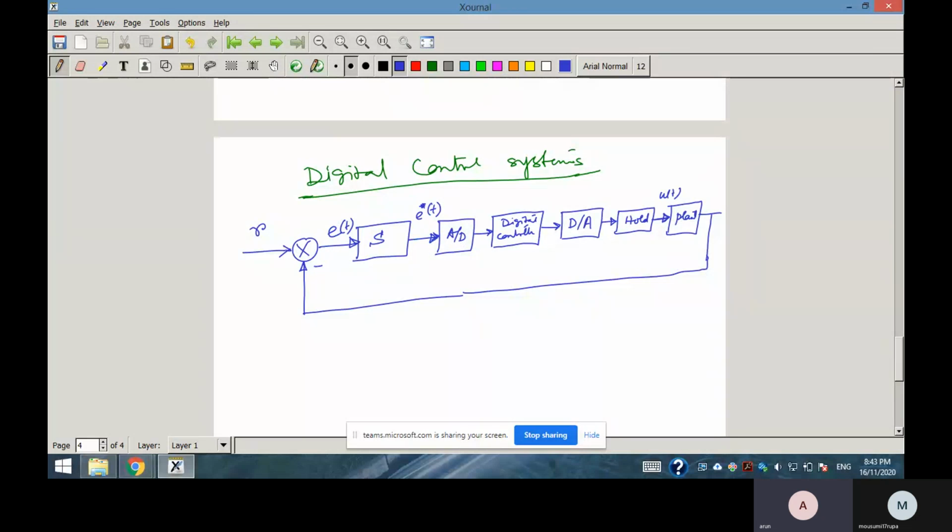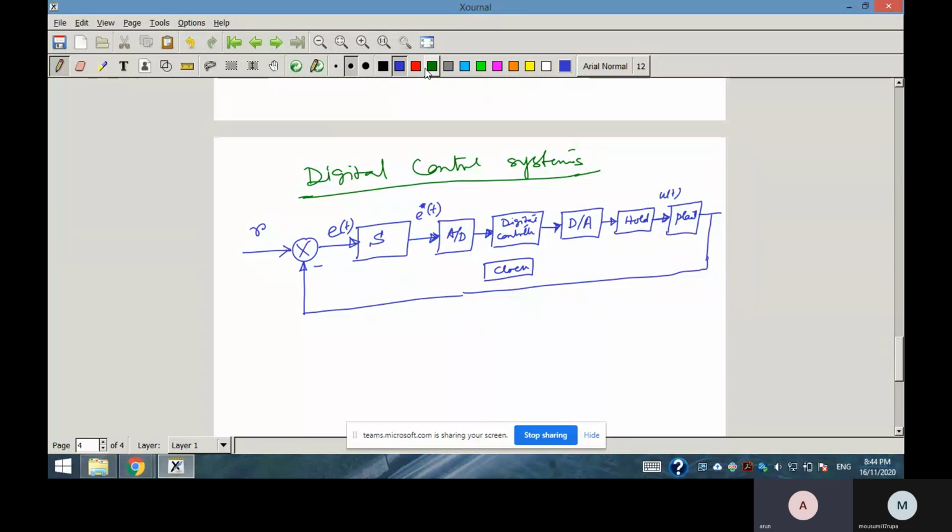Then it is sent to the computer where the controller is implemented, and the controller sends the digital signal to the DA converter, and the DA converter sends an analog signal to the hold circuit. The hold circuit makes it an equivalent staircase type continuous signal, which is applied to the plant.